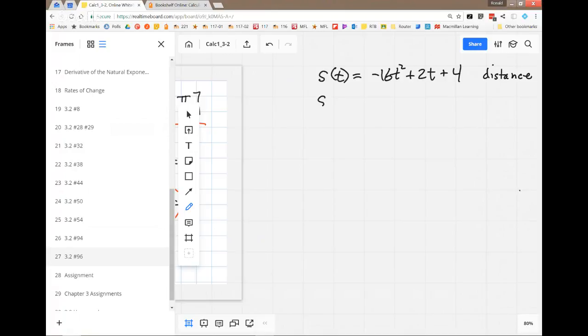When you take the derivative, let's do this derivative, 2 times negative 16, reduce the power by 1. This one, 1 times 2 is 2, reduce the power by 1. So there's our derivative, and this is the new part. That's how you find the velocity.